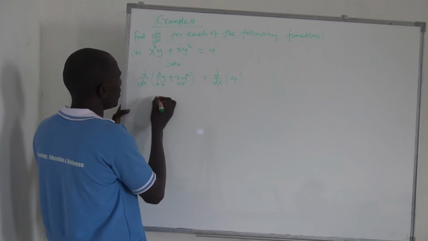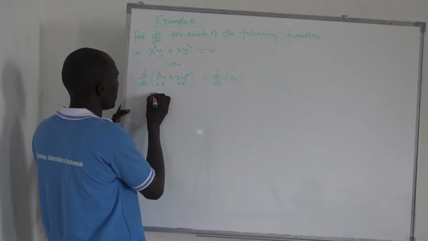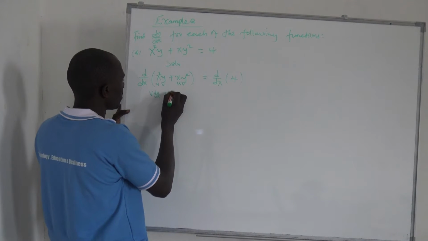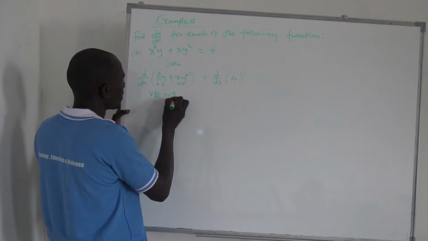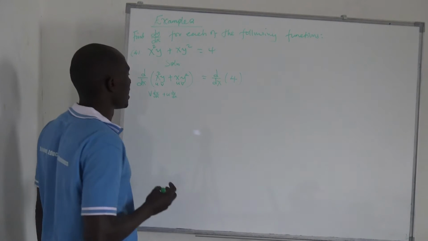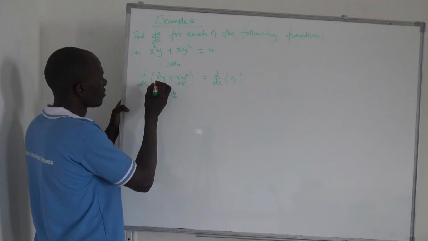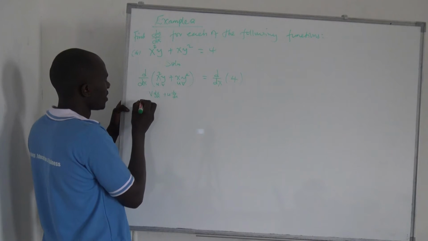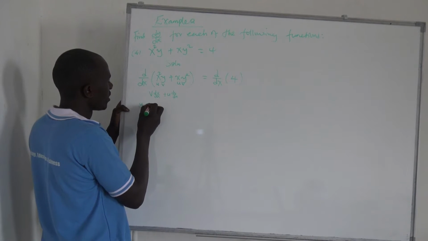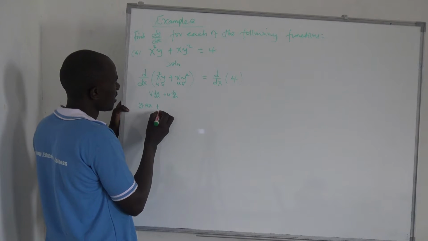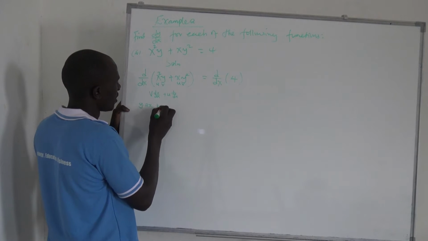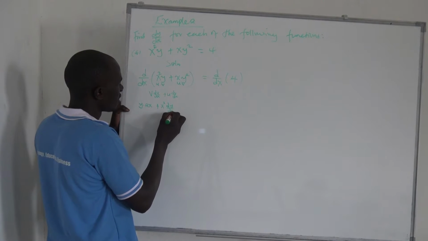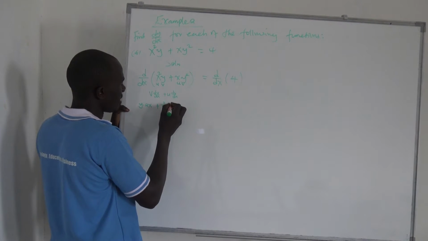So you're supposed to use the idea of v du/dx plus u dv/dx. What is our v? It is y. When we differentiate x squared, we get 2x, plus, what is our u? x squared. When we differentiate y, we get dy/dx. That is the first part.